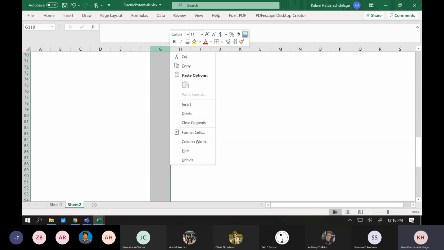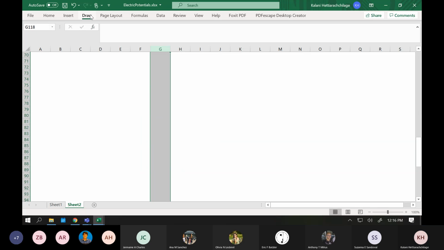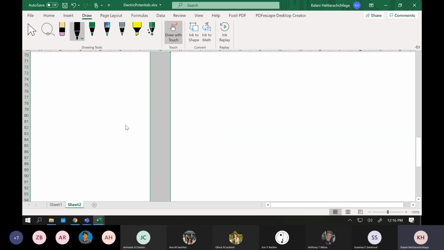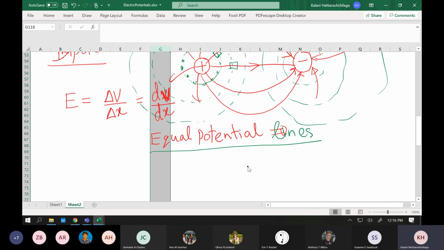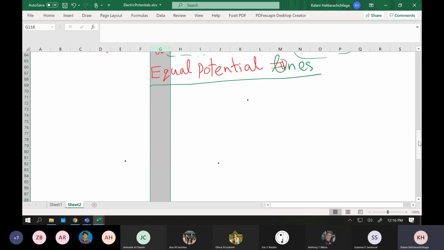plates, electrodes. So the other thing we're going to do is 2 plates.